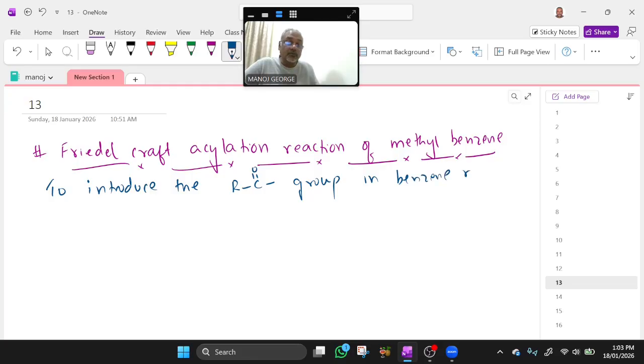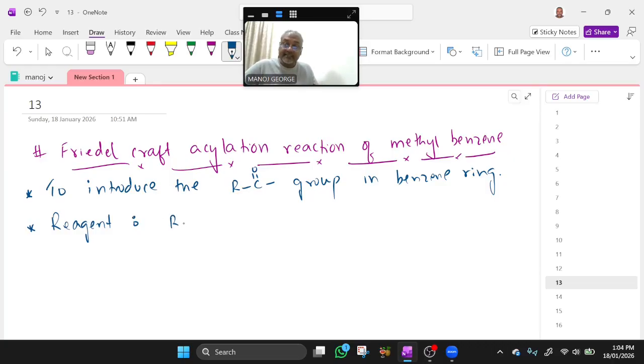Okay. So what was the reagent? Like the best reagent that can give me the RCO. Do you remember? You have done this in benzene. This is nothing new for you.